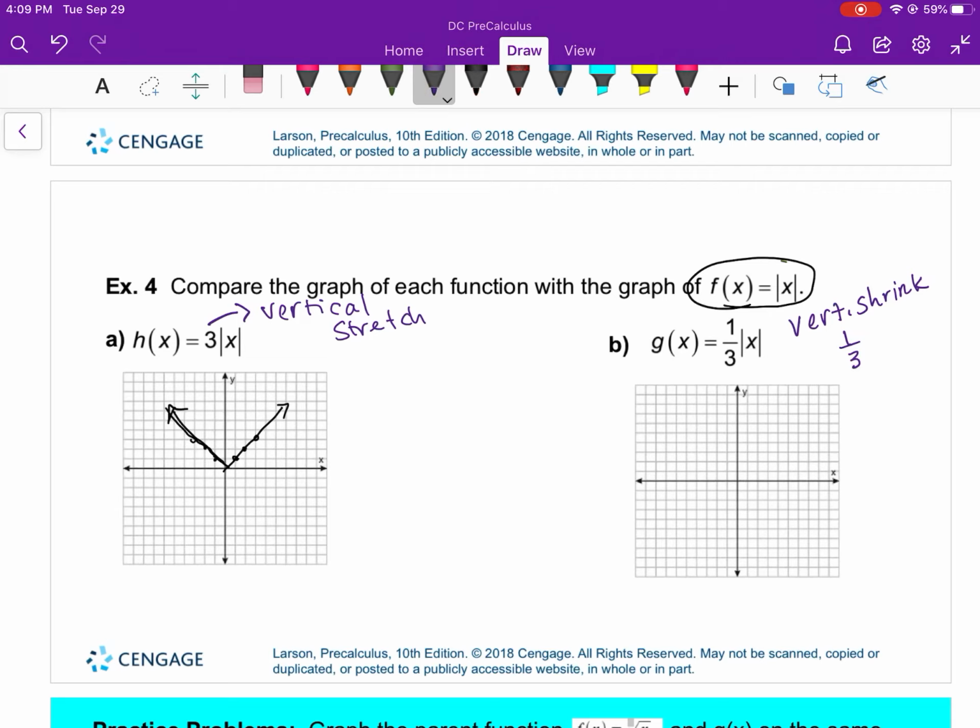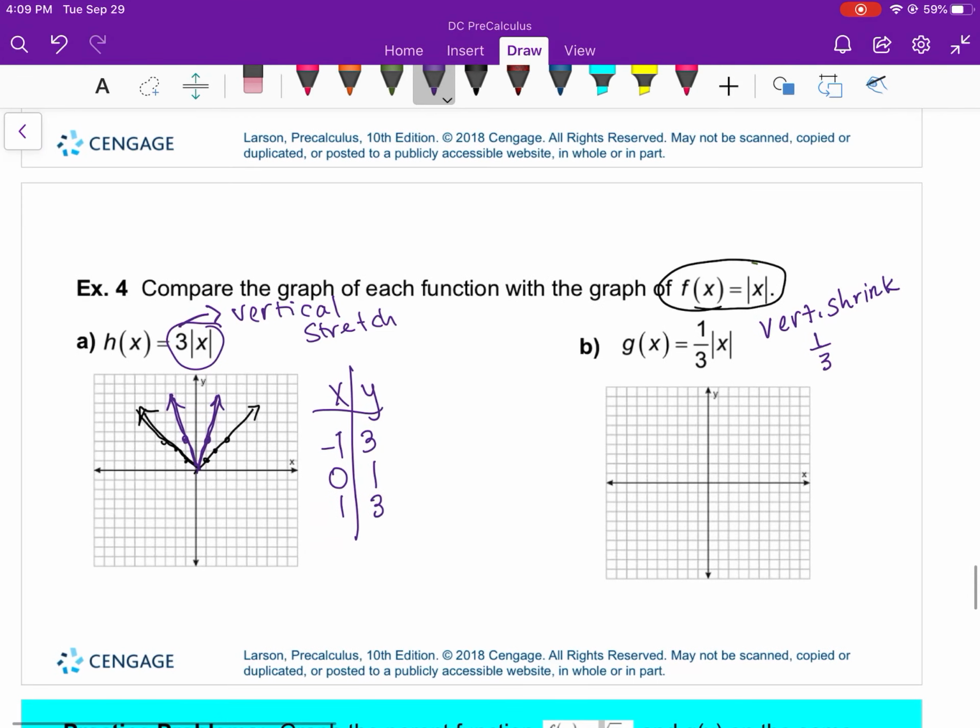And then if I'm going to graph this one, 0, 0 is still a point, but when I put in -1 or 1, now I get 3. So 1, 3, 1, 2, 3, and so on. So you can see that it's going to stretch it vertically and make it much skinnier. Try to make those straight. It's hard for me to do that on my iPad.